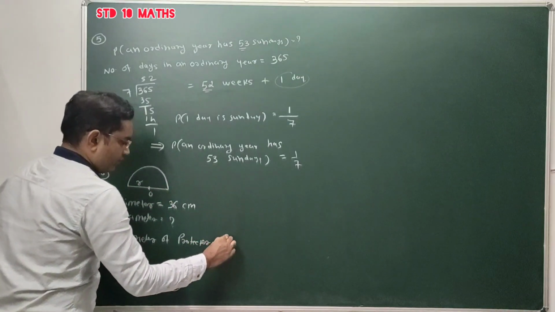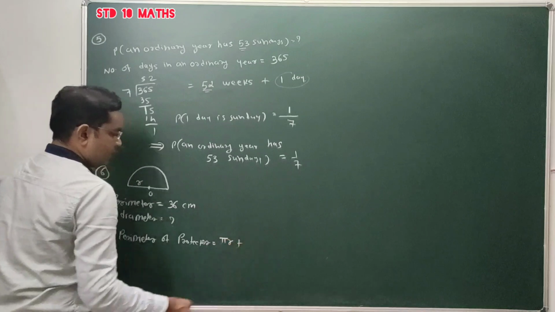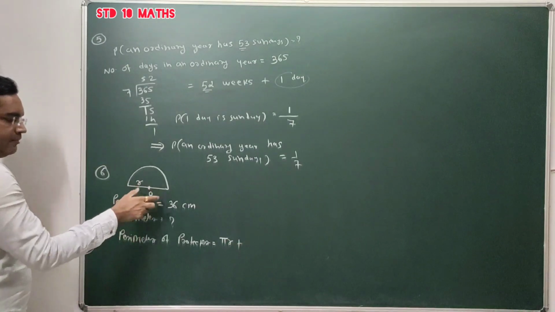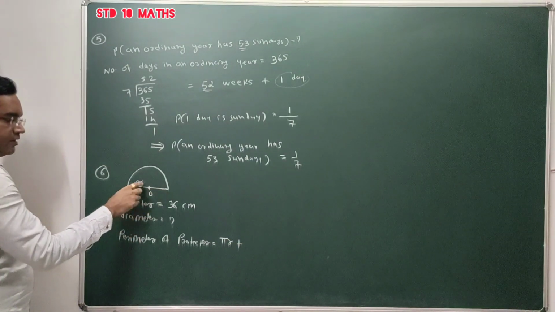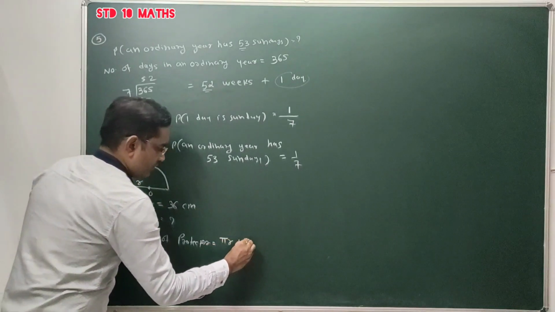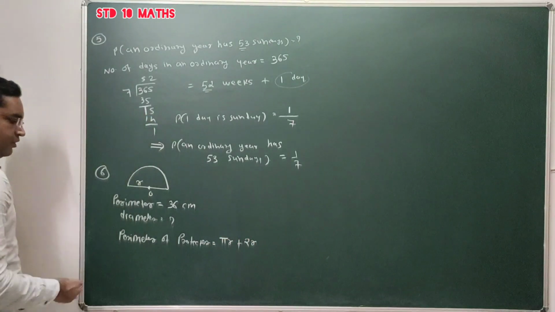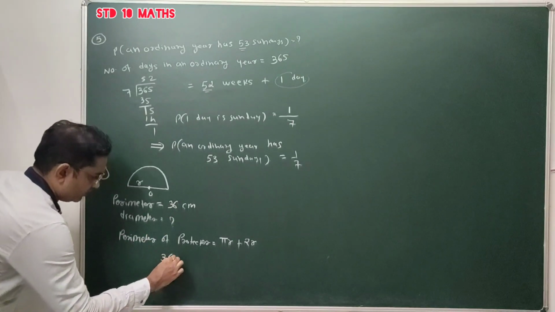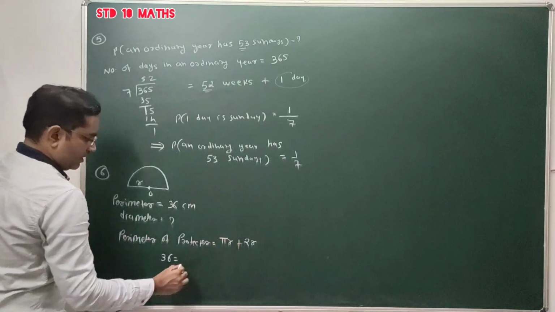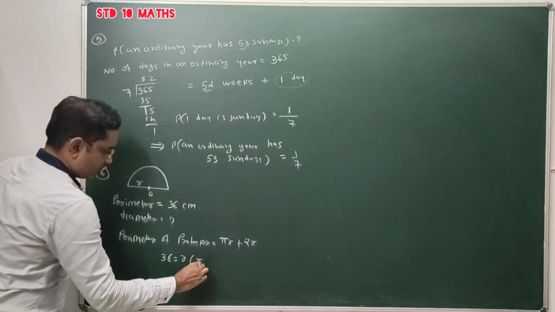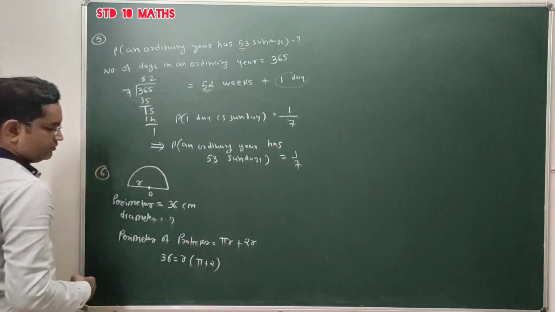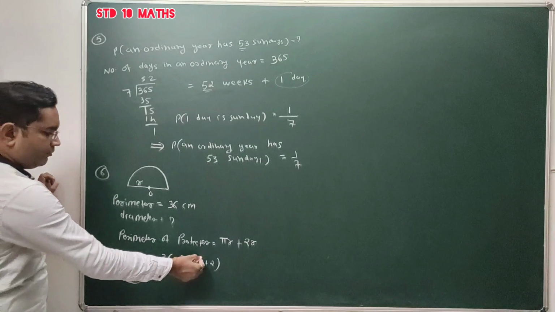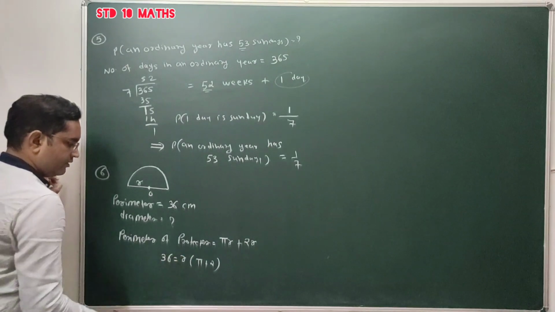So it's 2 pi r by 2, so pi r, plus the diameter. The diameter of the circle is twice the radius, it's 2r. So the perimeter of the protector is given, which is equal to 36. So 36 equal to r common, pi plus 2. Done. So put the value of pi, we will get the value of this r.